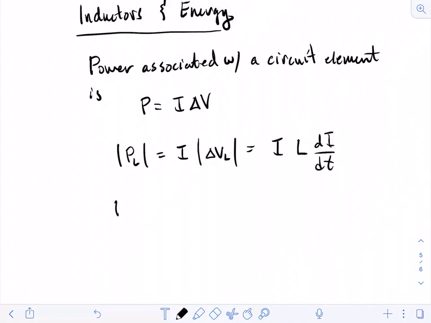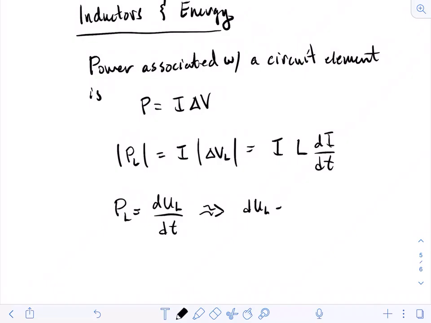Okay, but power is also the change in energy divided by the change in time. So how much does the energy change in a time interval delta t, where we shrink that time interval down to be an infinitesimal time?